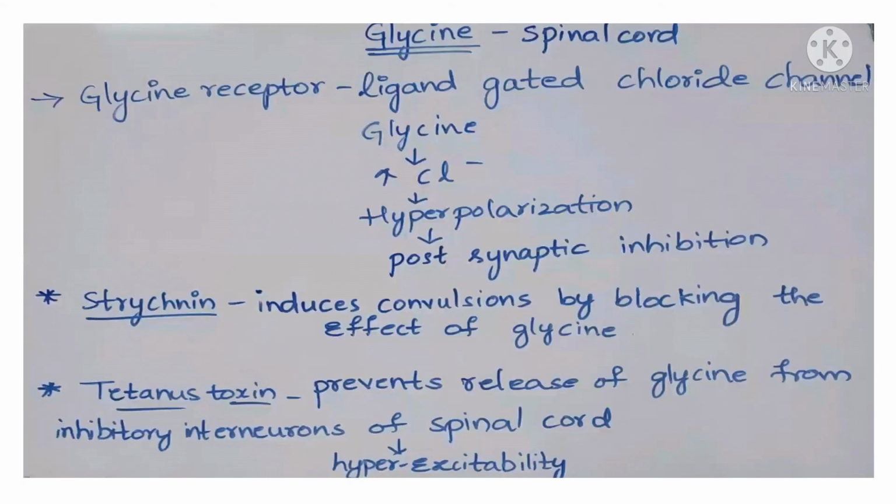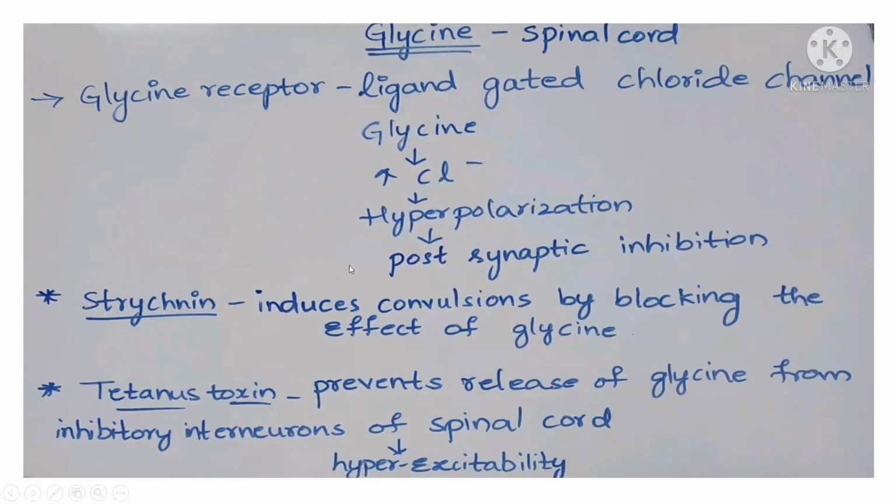Now we'll go into glycine. Glycine is an inhibitory neurotransmitter. It is located in the spinal cord. The glycine receptors are ligand-gated chloride channels. Whenever glycine acts on those channels, there is an increase in chloride influx, and there will be hyperpolarization and postsynaptic inhibition.